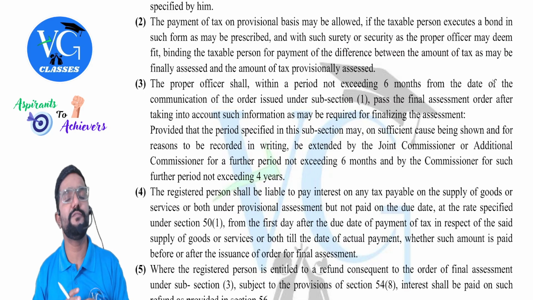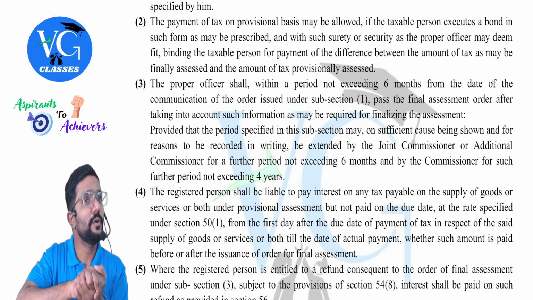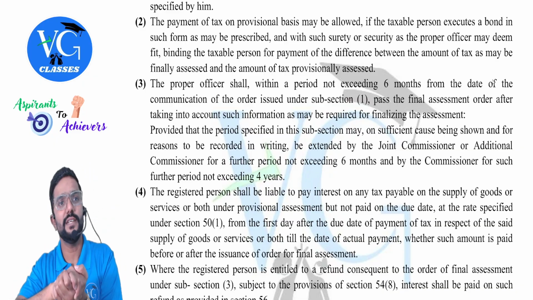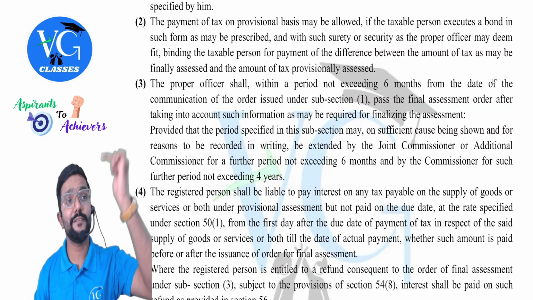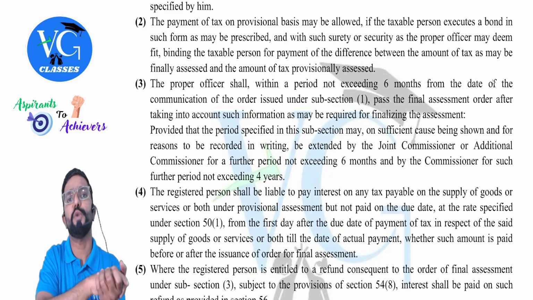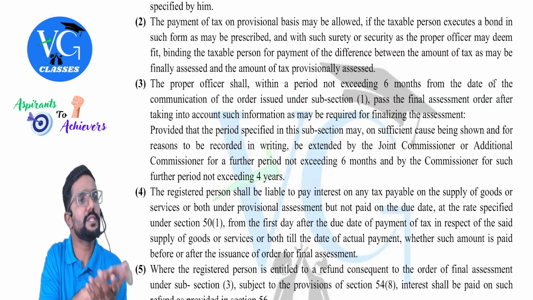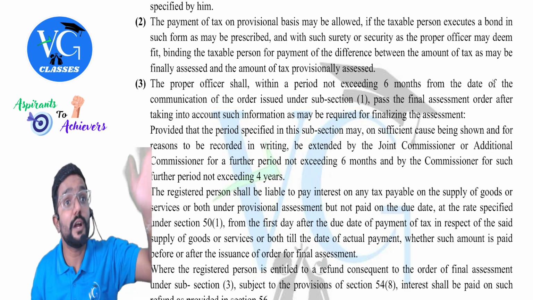When I am requesting a provisional assessment, I should also give a promise to the proper officer, telling, sir, you tell me initially how much I will pay, but later, if there is any difference, I will pay it. For that, I am giving you a bond plus surety, sir. Why is that bond and surety, guys? It is for the purpose that, sir, what you are telling now is not final.